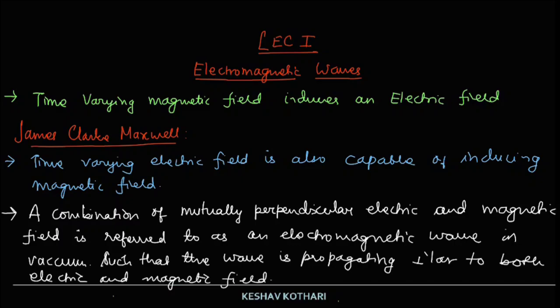So based on this particular aspect, we come to further description of electromagnetic wave. Over here we are considering these three mutually perpendicular axes, that is x axis, y axis and z axis.